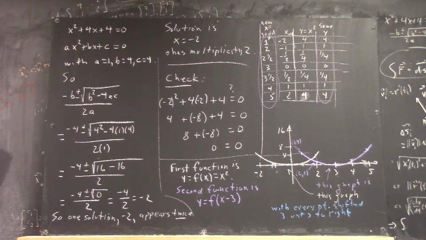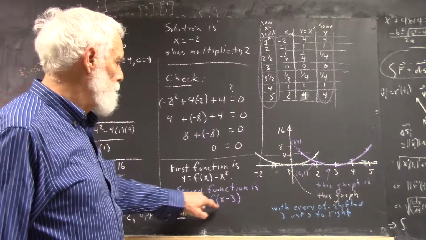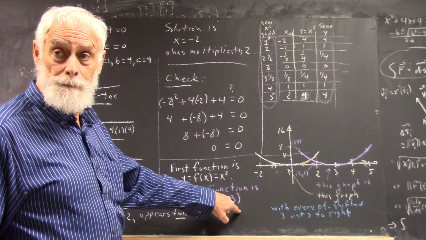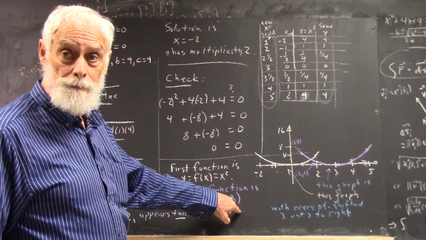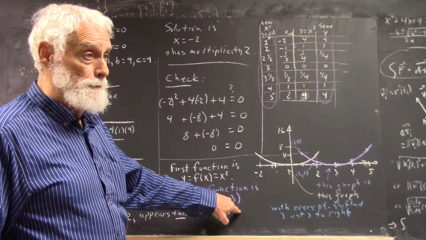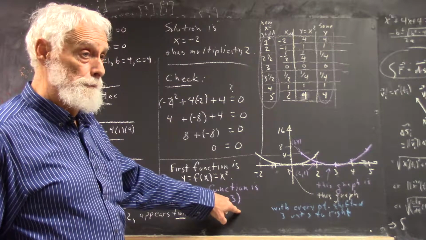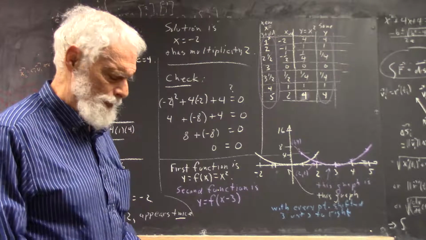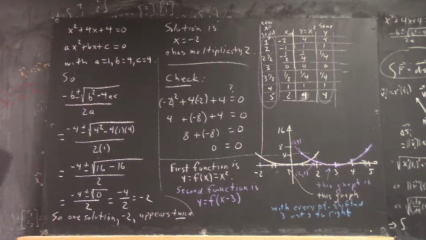Now, if f of x equals x squared, what's f of x minus 3? X minus 3 squared. X minus 3 quantity squared, right?